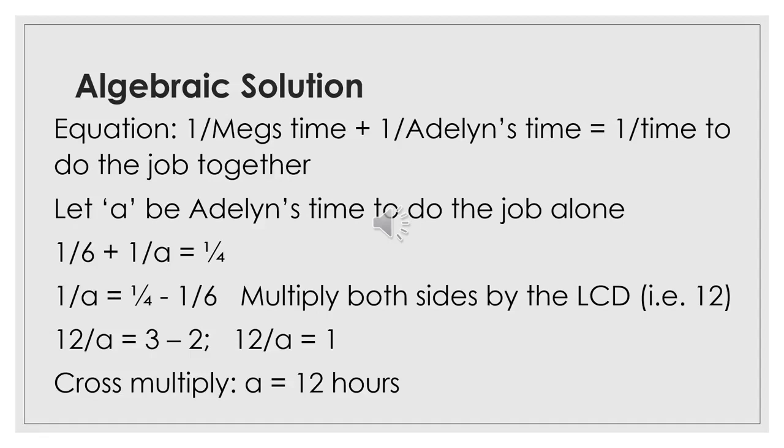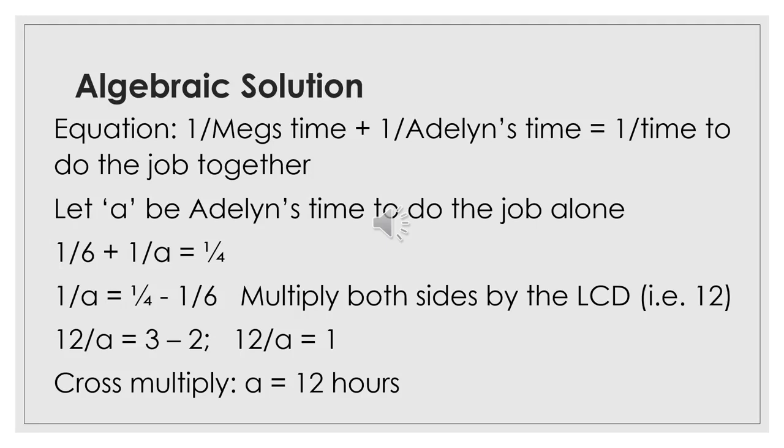And isolating 1 over A on the left side of the equation, we should have 1 over A is equal to 1/4 minus 1/6, and multiplying both sides by the LCD or the LCM.